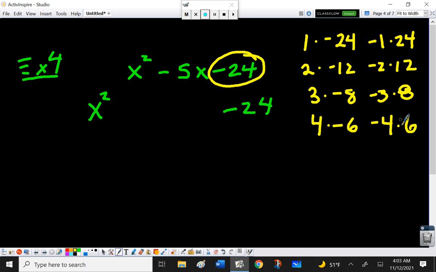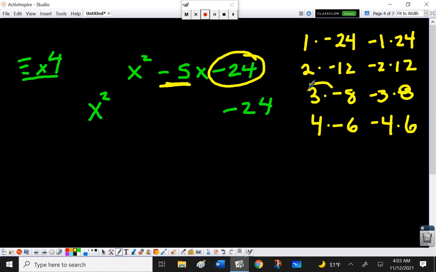And those are all the factors of negative 24. Remember, we're looking for them to combine or add together to get negative 5. Well, it's not going to be 1 and 24. It won't be 2 and 12. 3 and negative 8.